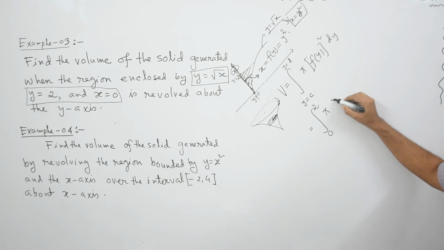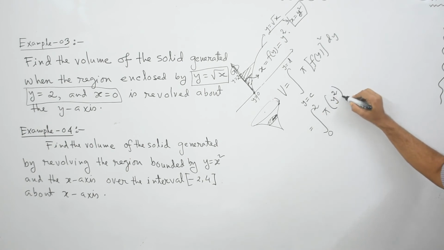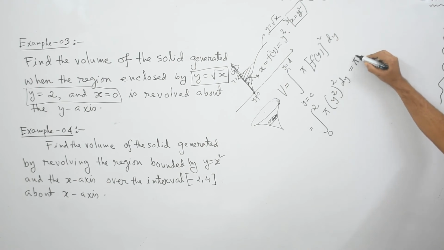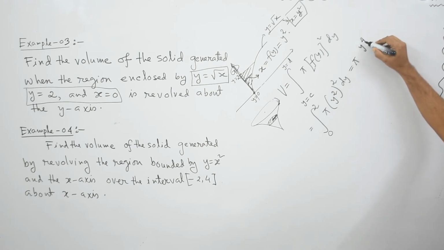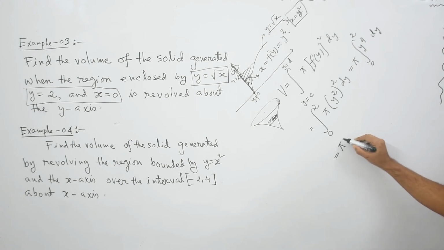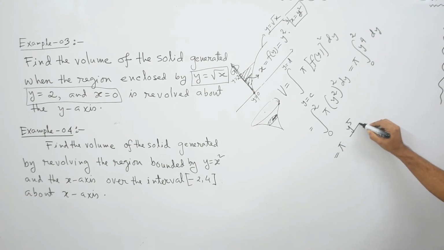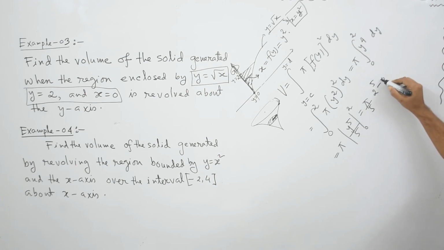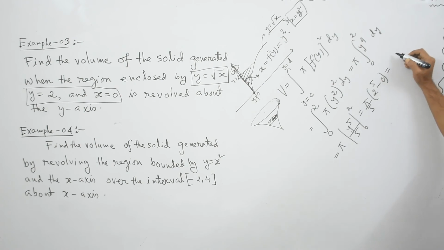So my radius is y square, whole square, dy, and this equals pi y to the power 4 integrated from 0 to 2 dy, which equals pi y to the power 5 by 5 from 0 to 2, which is pi by 5 times 2 to the power 5 minus 0. 2 to the power 5 equals 32.